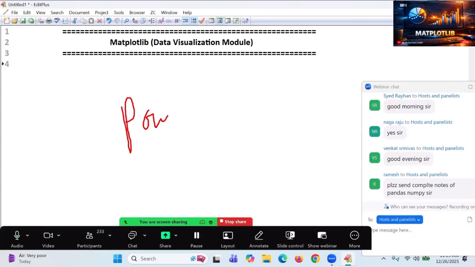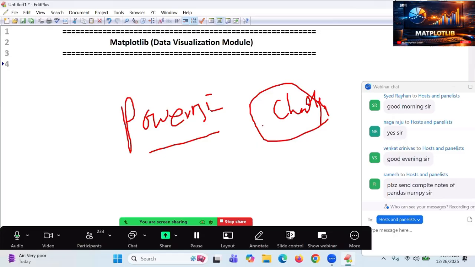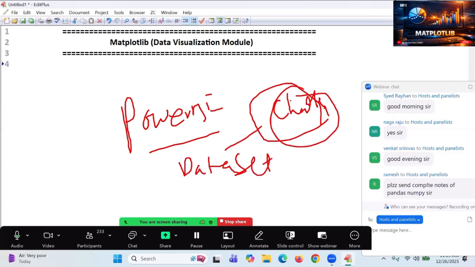Power BI came into the picture. In Power BI, what is directly available? All charts are available. You need to provide the data set, select the chart, and the chart will be drawn. That is the present standard companies use.